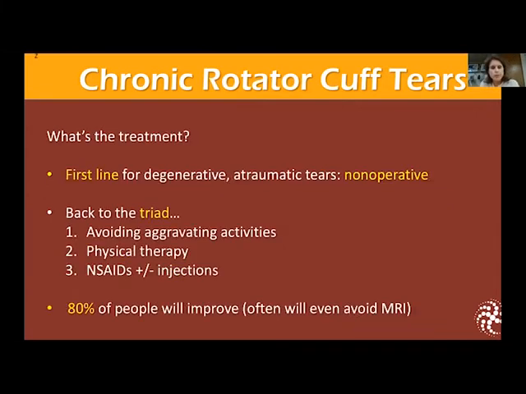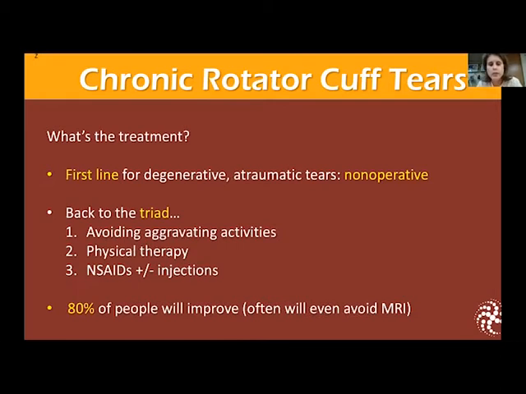So again, the first line of treatment for degenerative atraumatic tears, and we do have to talk about how big they are, but for asymptomatic degenerative atraumatic tears, is non-operative.